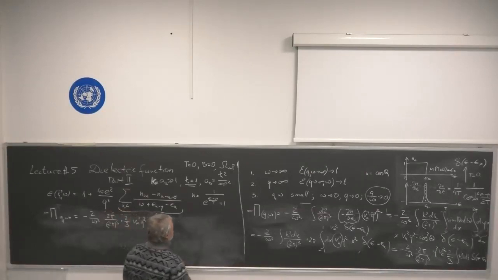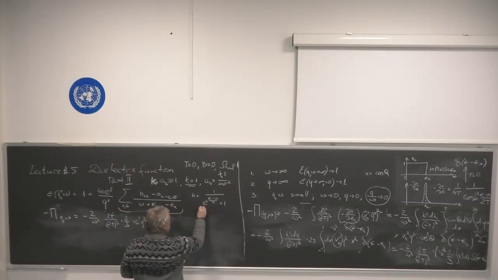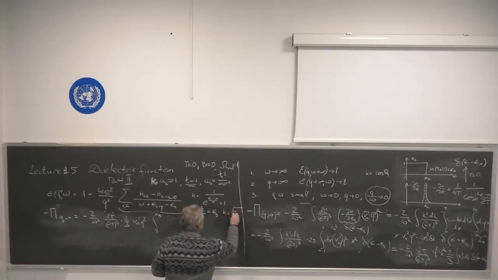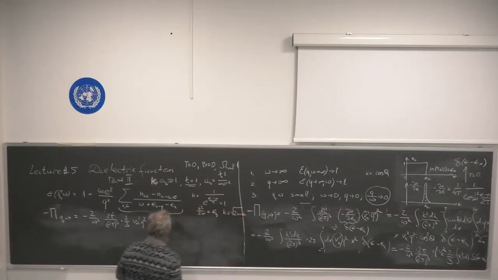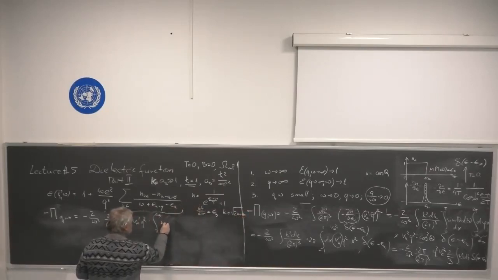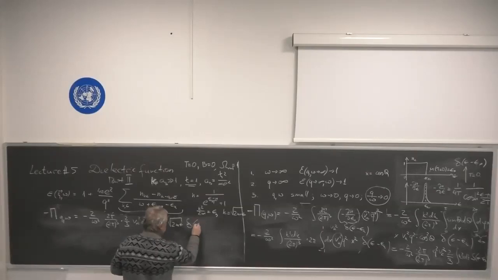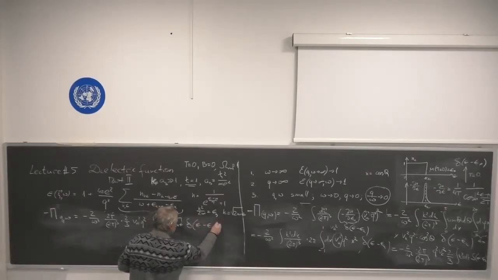In the usual way, k squared over 2m is equal to energy, therefore k is equal to the square root of 2m times energy. Therefore, I have a mass times square root of 2m energy times delta function epsilon minus epsilon_F d energy.